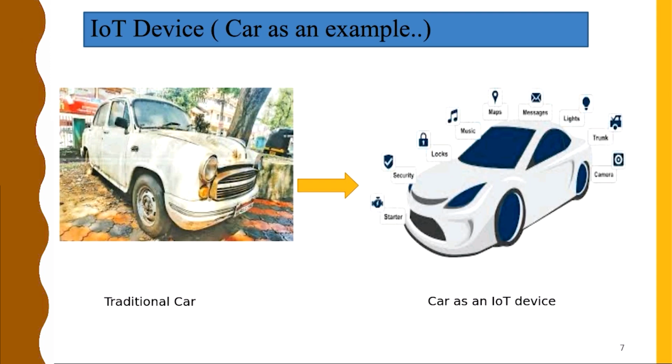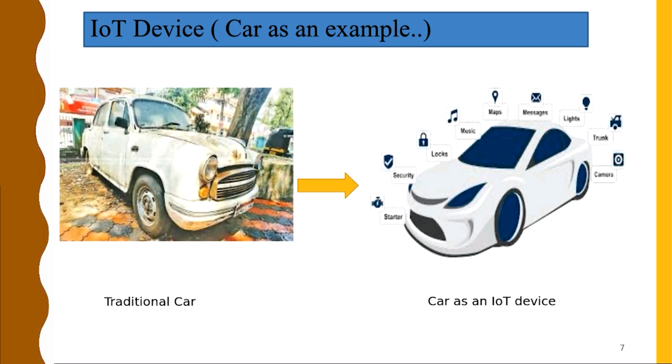Some sensor indicates that you kept the door open. There is also a camera, which is a sensor that helps you park your car by giving you a view. So we have different units with different sensors, gathering information, and they all have different embedded systems computing that information.